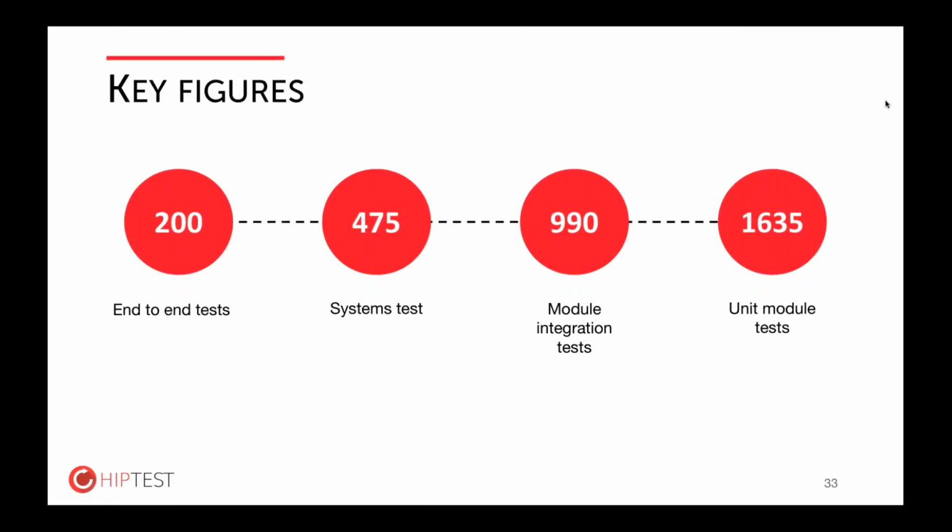So now some key figures. If we look at the functional test pyramid, all those test cases were issued by BDD scenarios, and we had 200 end-to-end tests, almost 500 system tests, around 1,000 module tests, and in terms of unit tests, more than 1,600 scenarios.